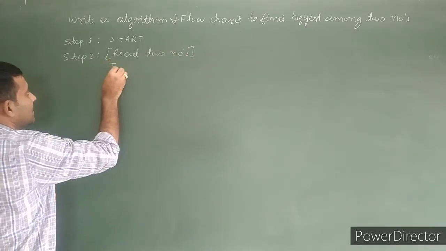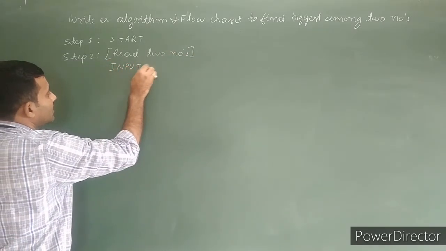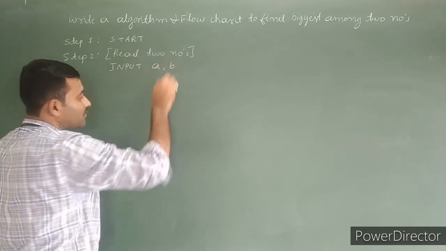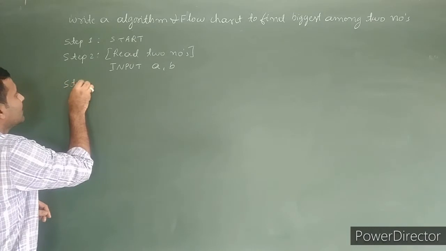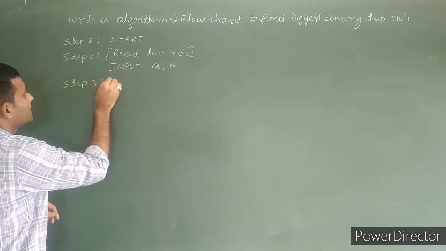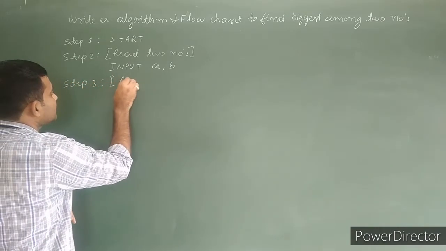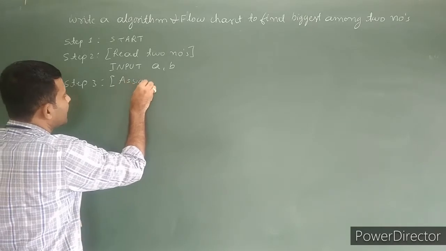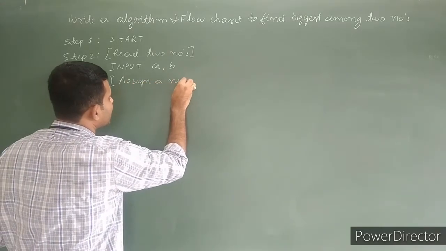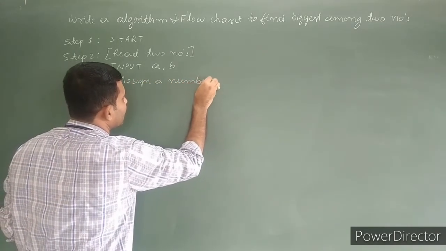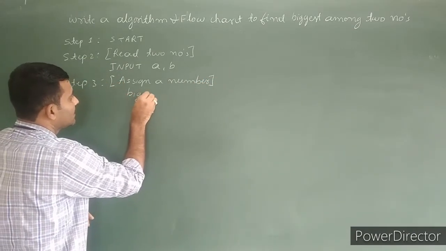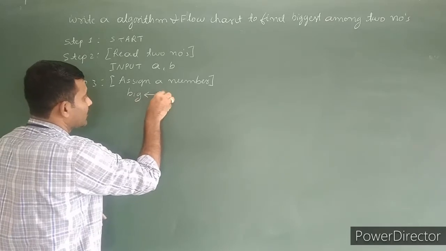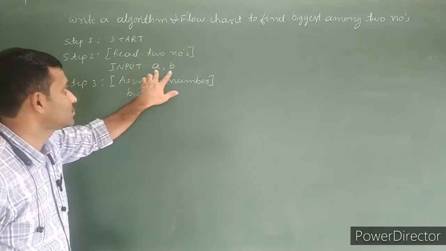The process is to input two numbers, here A and B. Then in step 3, use a temporary variable and assign a number: big ← A. So that is among two numbers.